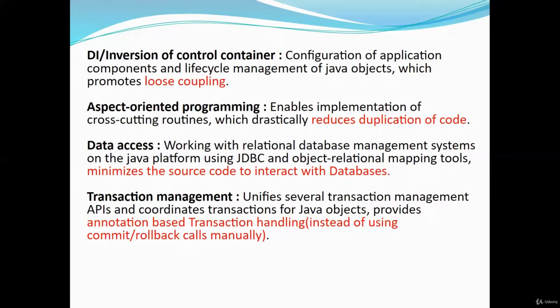Okay, so you may ask me, I am already doing object oriented, do I need to go for aspect oriented? Yes, with object oriented you are reducing the duplication of code to one level, but by using aspect oriented you can still reduce it to a great extent. So that is why I specified here in red color, it reduces the duplication of the code. Okay, how? Just hold on, we have lectures coming in the future.